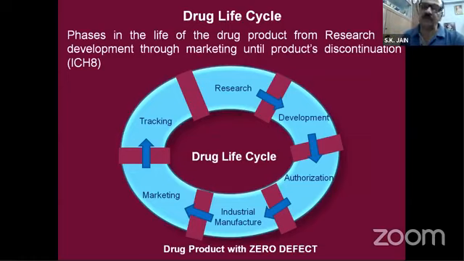When we go for the research or development, our target is the human being, or if it is a veterinary product, then our target will be the animals. So if we are developing any drug molecule or formulations for human beings, then one has to be very careful.